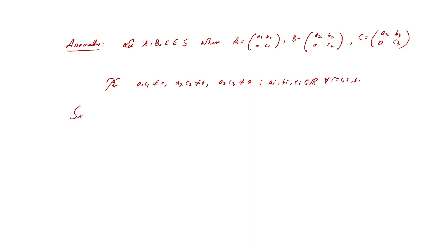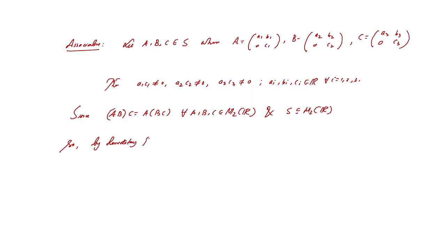Since we know (AB)C equals A(BC) for all A, B, C belonging to M2(R), the set of 2 cross 2 real matrices, and S is a subset of M2(R), by hereditary property, what can we say?